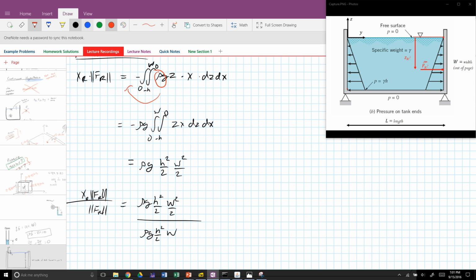All the cancellation that occurs gives us simply w over 2. Should be no surprise, as I explained earlier: the pressure is constant along the x direction. There's no gradient in the x direction, and so it acts in the center of the x extent of the tank.